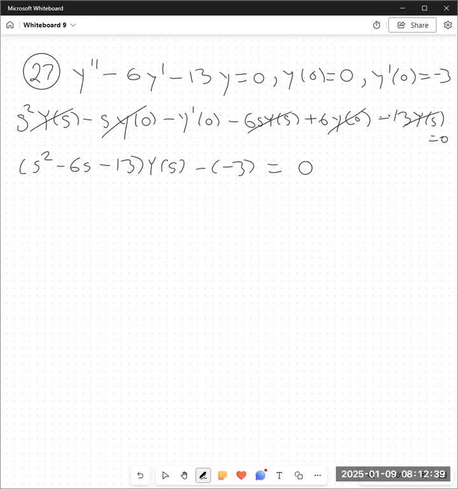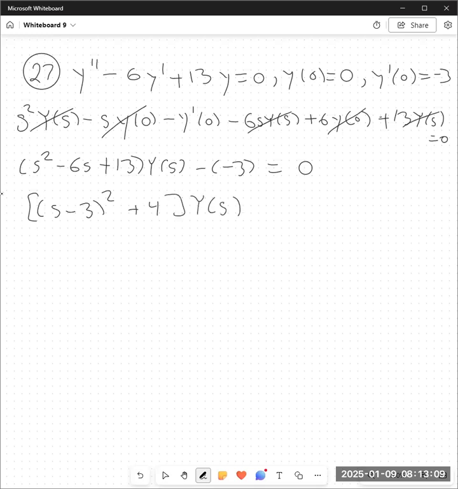So I'm going to complete the square here: (s - 3)², and that is plus 13, plus 9 and plus 4 more.